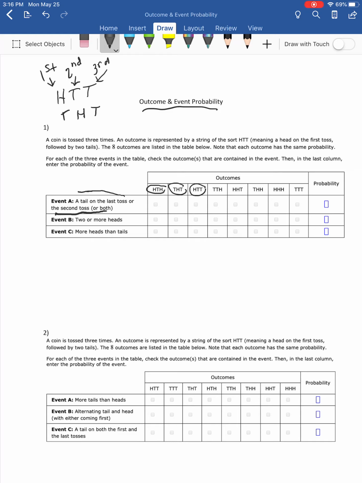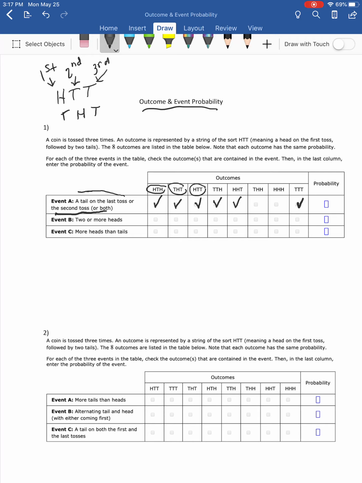Okay, this one's going to work because it has a tail on the second one. The second one's going to work because it has a tail on the third. This one's going to work because it has a tail on both. This one's going to work because it's got a tail on the second. This one has a tail on the third. This one is not going to work because it doesn't have a tail on the second or third. Same with the second to last one, no tails on either the second or third.